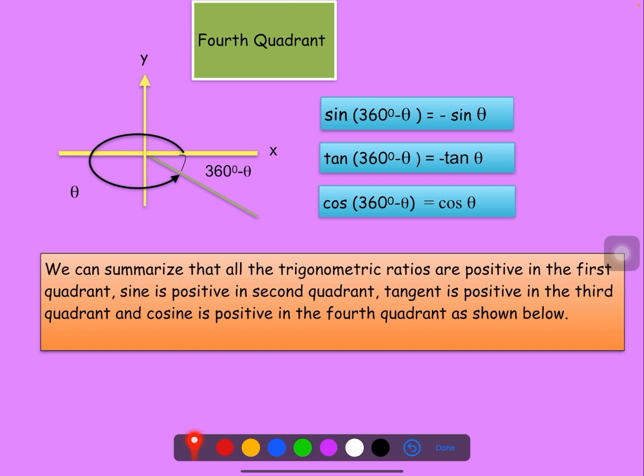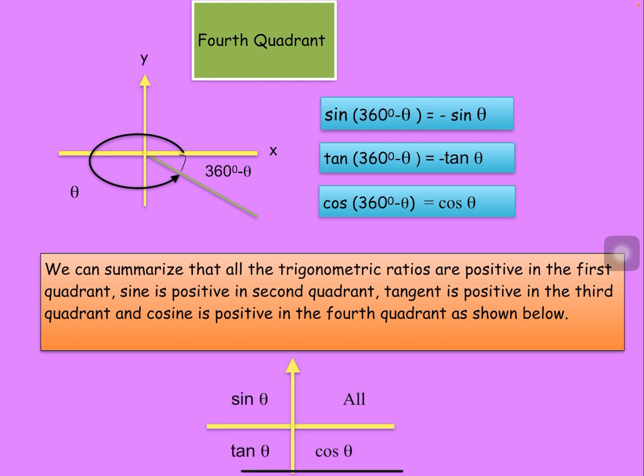So we can summarize that all the trigonometric ratios are positive in the first quadrant. Sine is positive in the second quadrant. Tangent is positive in the third quadrant, while cosine is positive in the fourth quadrant, as shown below.